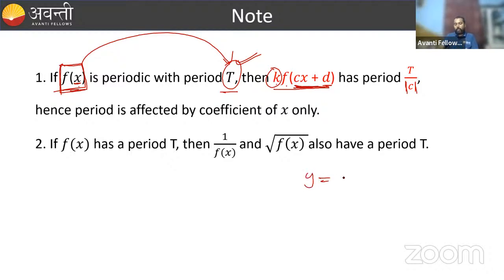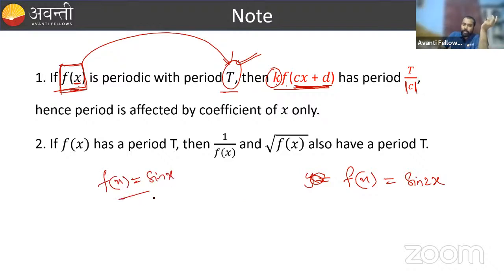In the chat box you asked what is the period of sin x. Here, we take f of x as sine of 2x. So what is the period of sine of 2x? We know sine x is periodic with period 2 pi.